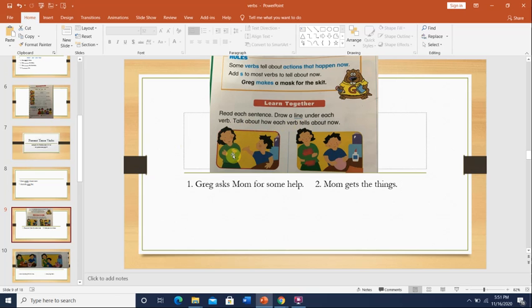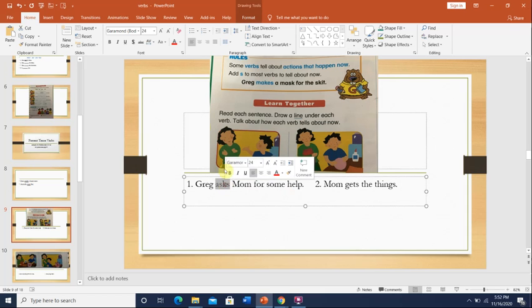Okay, so number 1, Greg asks Mom for some help. What's the action word? Ask. Okay, so here the action word is ask, and we added an S to the verb to show that it's happening now. It's happening in the present.